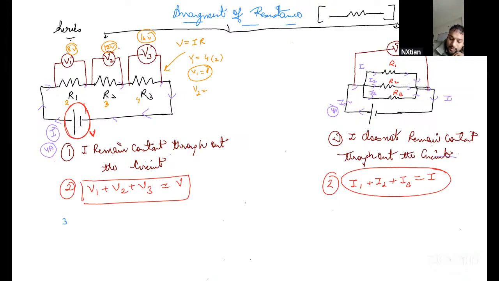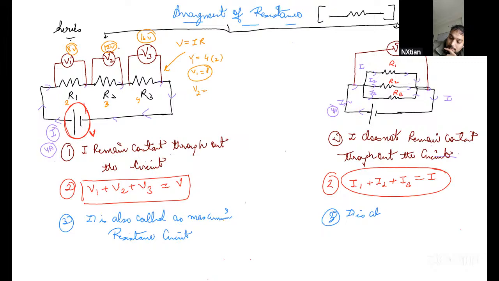Okay. Now third part. Third part is that series is also called the maximum resistance circuit, and parallel is also called the minimum resistance circuit.